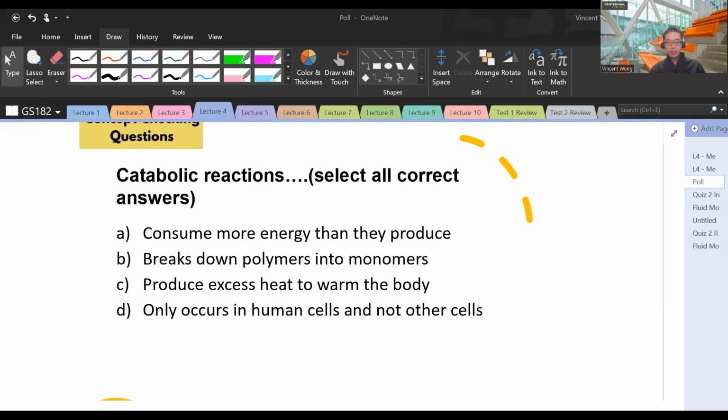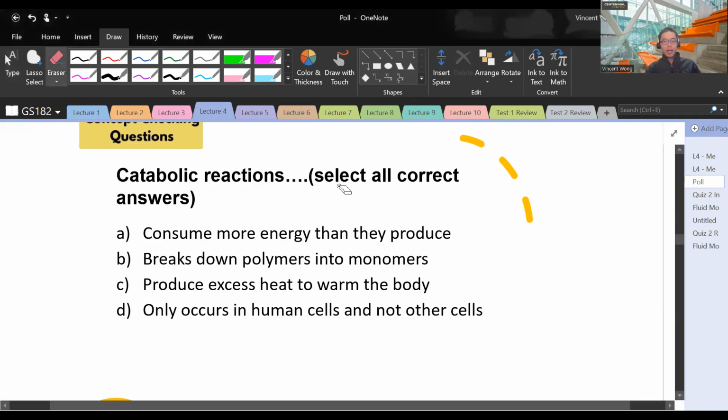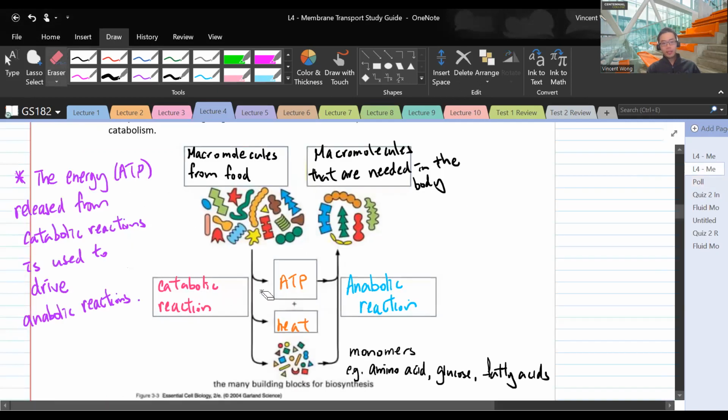Okay, thank you. Catabolic reaction, that is for breaking things down, right? So A, consume more energy than they produce. It's actually the other way around. If you look at what's written here, they actually release energy to produce ATP, right? So you must release more than you capture.